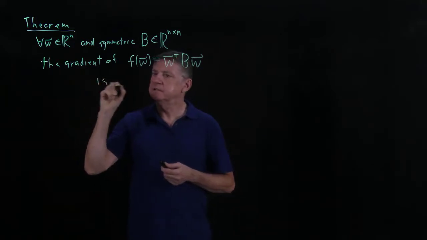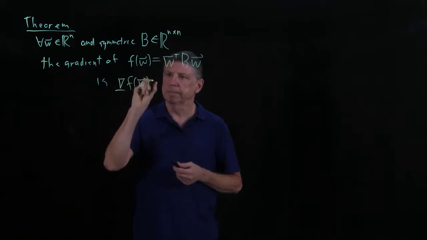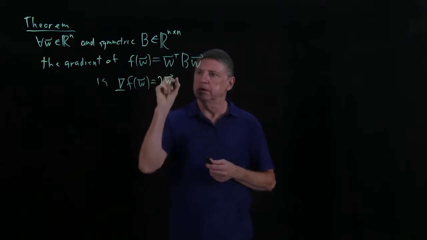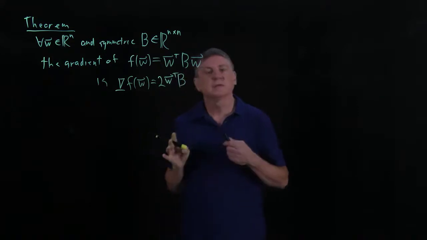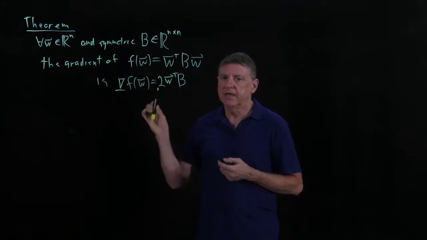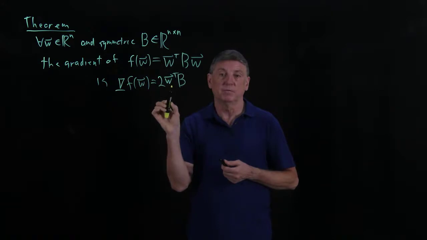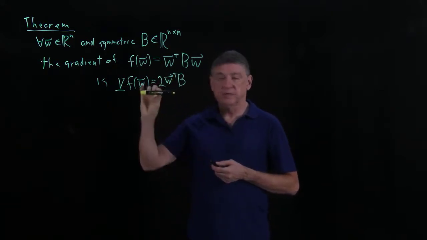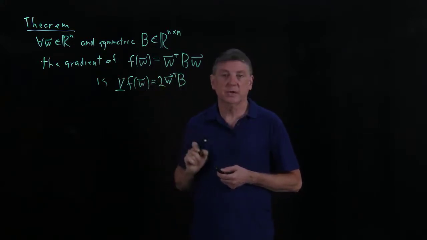So the gradient one form of this function will be 2 times w transpose times B. Let's do what we did with the linear form and pause for a moment and first check, is this a one form? Well, w is a vector, w transpose is a row, times a matrix is a row, so the dimensions work out.